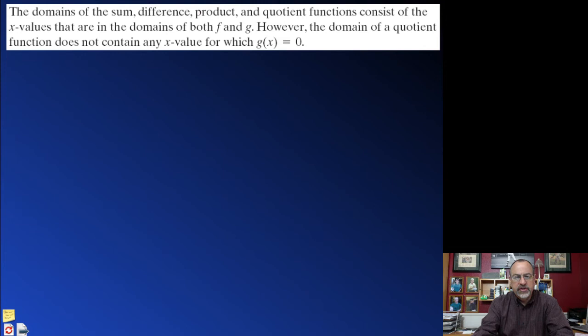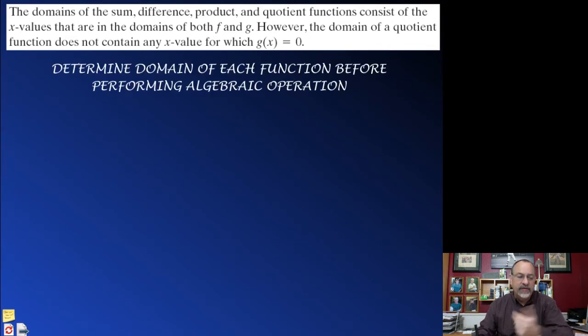The only additional step that I will look at then is if I'm dividing functions, the new function's denominator can't be 0, so I will have to look at that in addition to the intersection of the two original domains. Okay, so let me just sum up what I just said, and then we'll do a couple of examples.